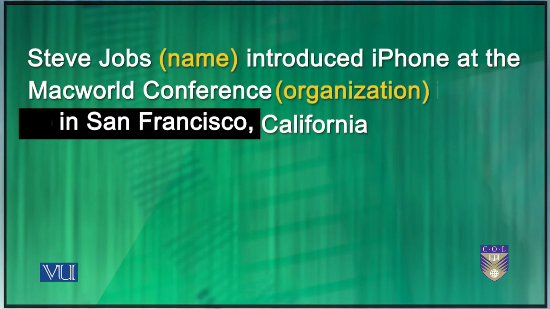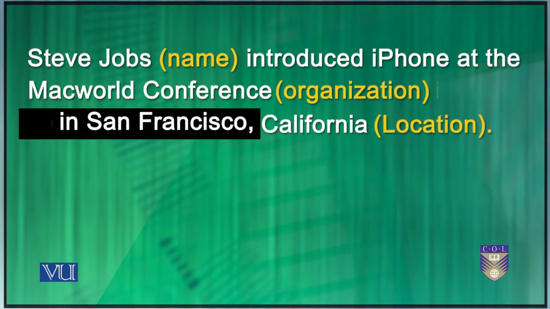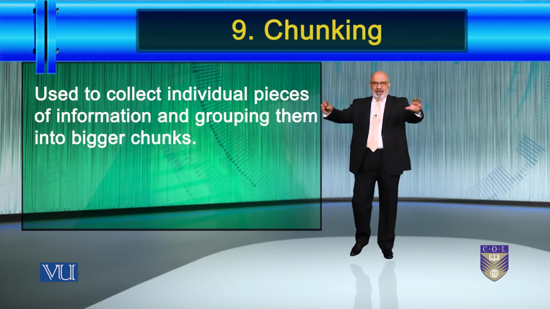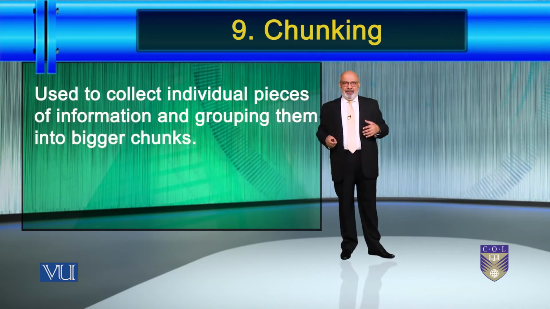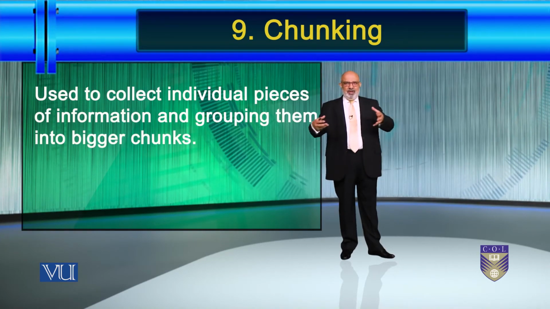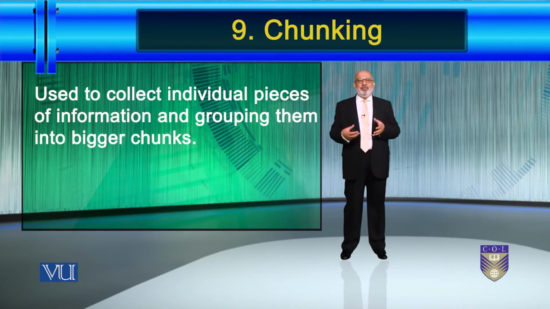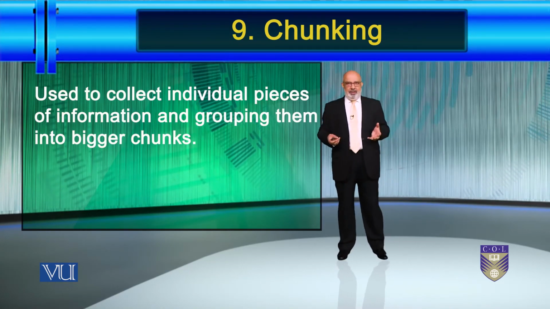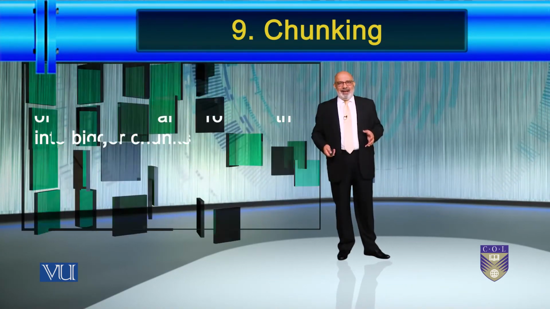That's the organization. San Francisco, California, that's the location. And finally, the chunking part. First, we have segregated things and related them together. Now is chunking. Chunking is used to collect individual pieces of information and group them into bigger chunks or bigger pieces of sentences.